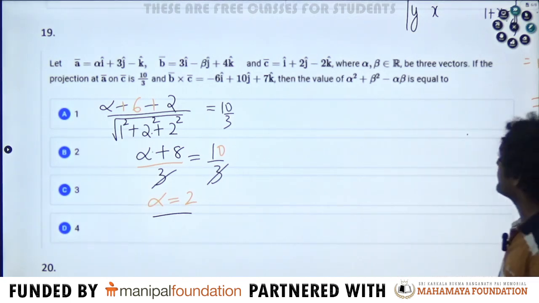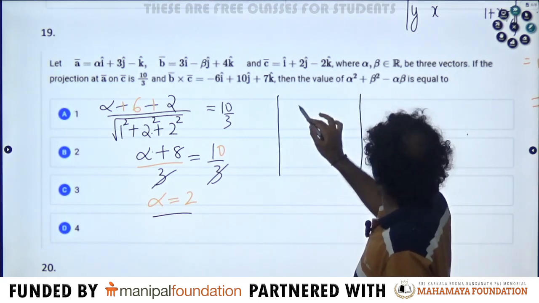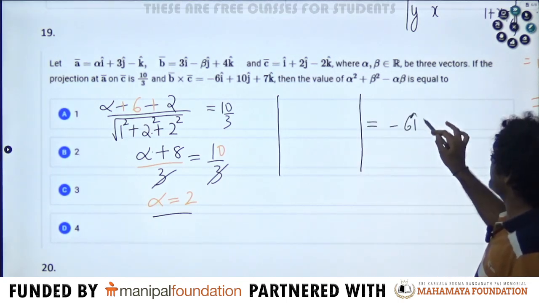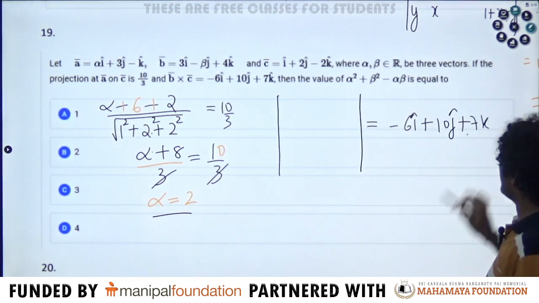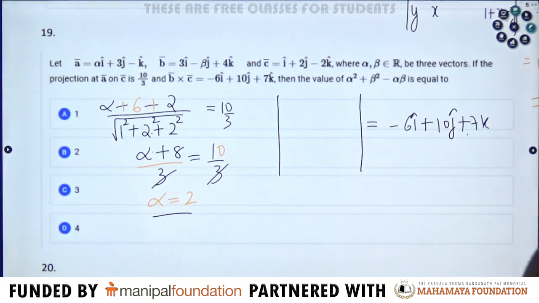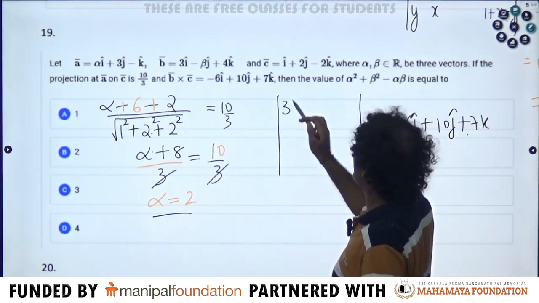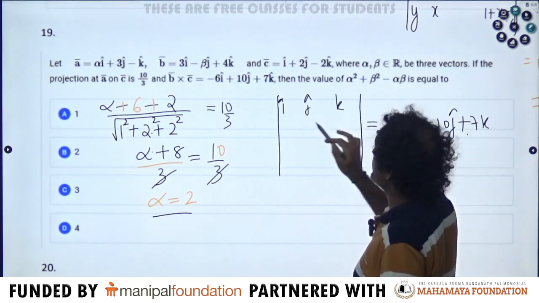Another is B cross C, they have also shown how to do B cross C. They are giving the value as minus 6i plus 10j plus 7k. And who is B cross C? I'll put i, j, k.